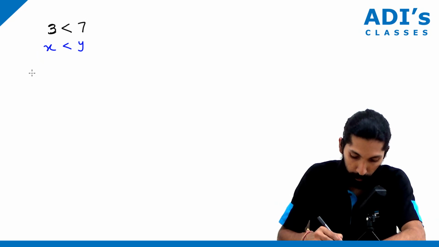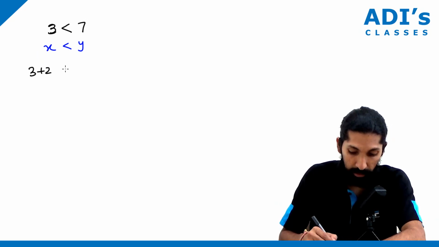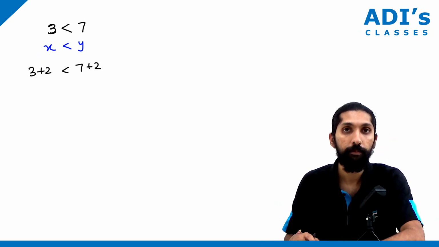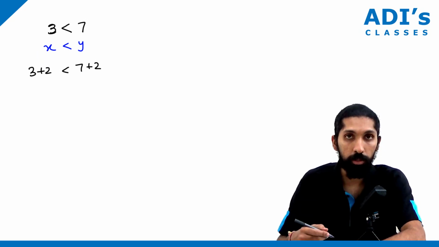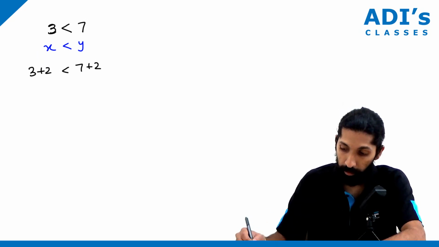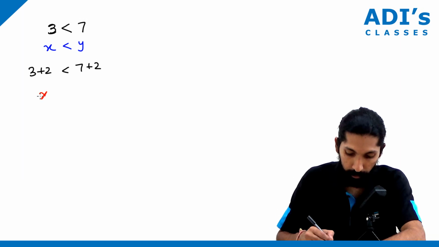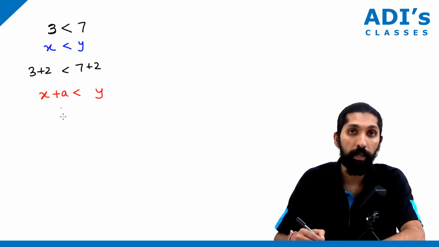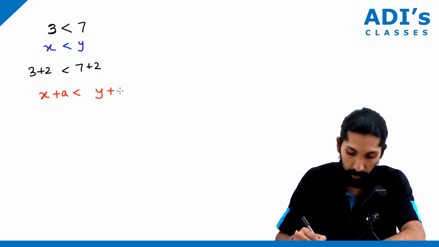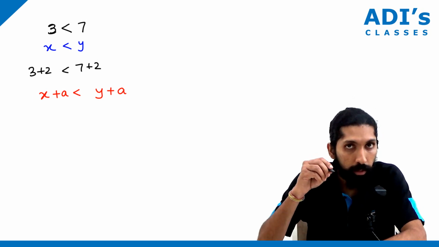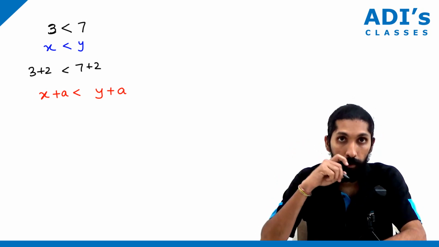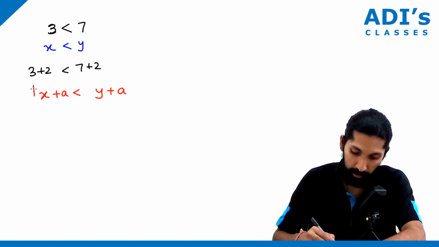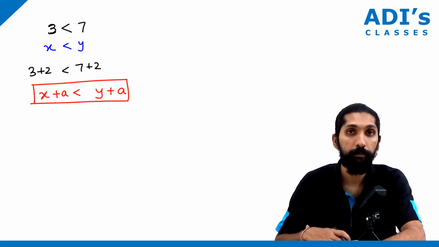So if you add 2, 3 plus 2 is still less than 7 plus 2, correct? So what we can generalize is that if we have x value and it is less than y, then if you add some number a on both the sides, the linear inequality remains the same. So x plus a is lesser than y plus a.